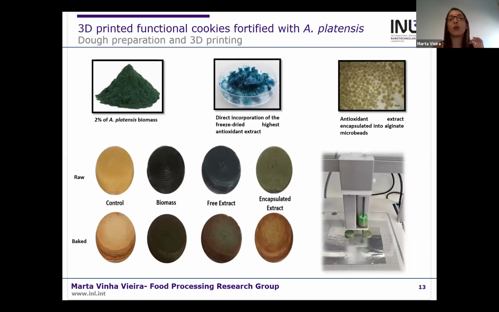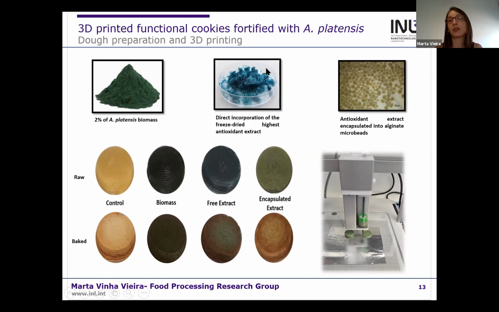So the cookie dough was prepared by 3 different approaches. The first one was the incorporation of 2% of A. platensis biomass, the whole cell. The second approach was the direct incorporation of the freeze-dried highest antioxidant extract in the same amount found in the 2% of biomass.